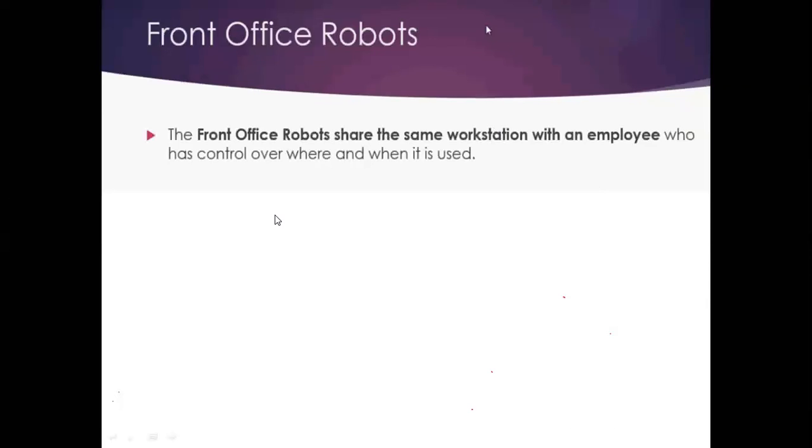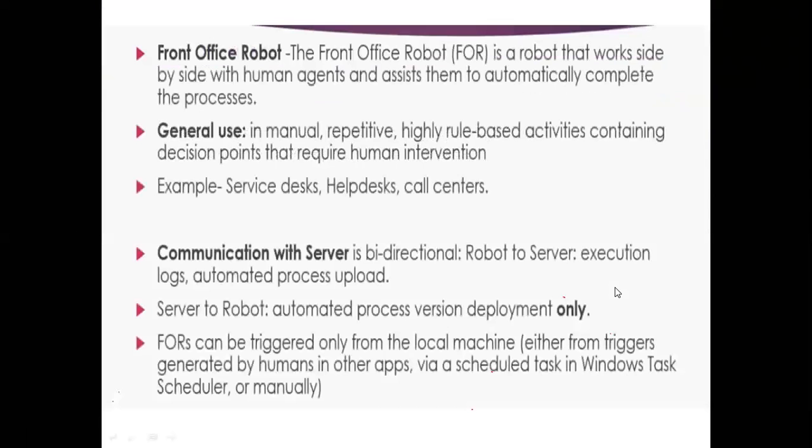He opens an Excel sheet, enters the data, tries to copy-paste. These are all actions he does, right? The same work can be done by my software bot. My bot is going to do the same work that a human does every day in the office on top of the application. That's called FOR.